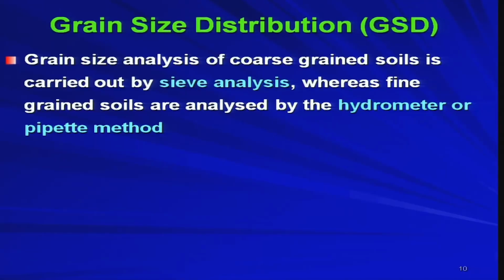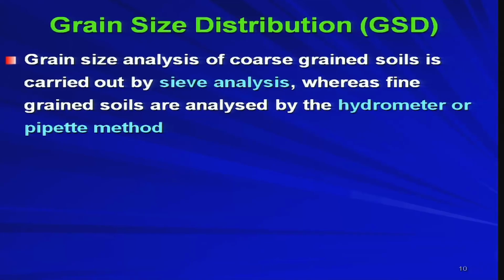Now, grain size analysis of coarse grained soils is carried out by sieve analysis. We will have a stack of sieves, and that sieve analysis will find out the gradation or grain size distribution of the coarse grained soil. Coarse grained means, suppose you have boulders, cobbles, then sand.